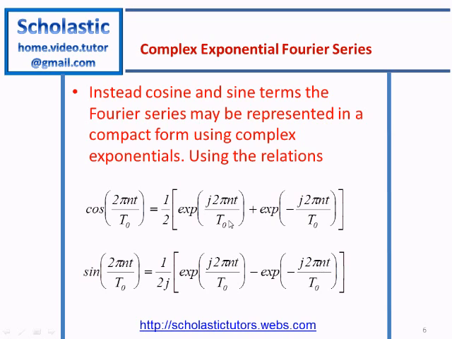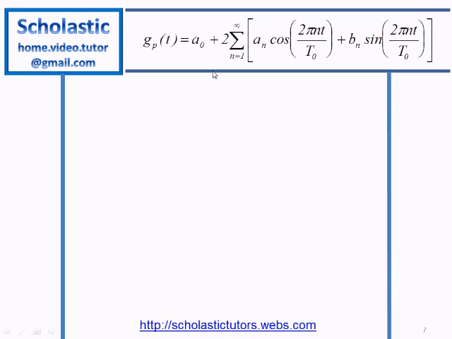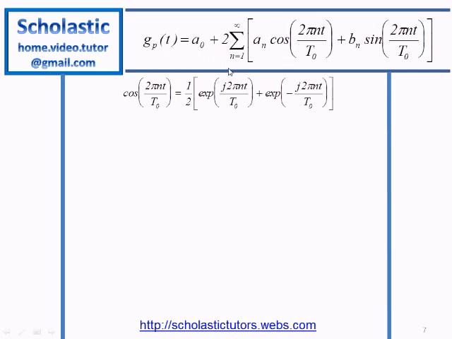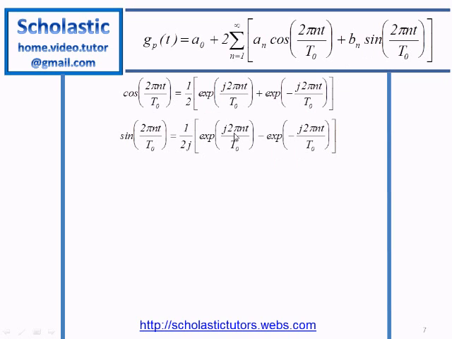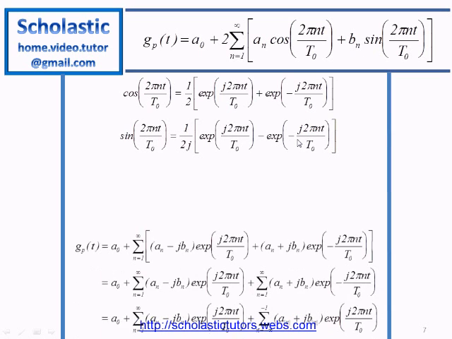So we are going to use these representations to replace the original function that we got for a periodic signal g(t). Instead of cos we substitute this value, and instead of sine we substitute this one. So basically we will end up with a function in terms of exponentials as opposed to a function with cos and sine. That's why we call it an exponential Fourier series.